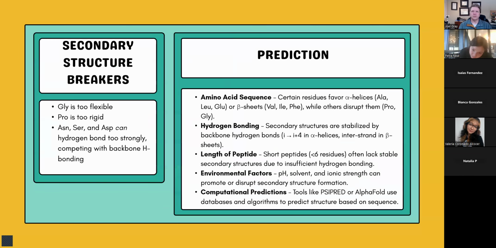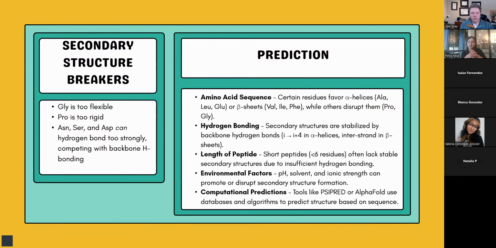Now, when it comes to prediction, this is a huge thing because now you can take a sequence and put it into a simple computer program. If you Google secondary structure prediction, you'll find a tool where you plug in a peptide sequence, and it will give you an idea of, hey, this region is likely to be an alpha helix, and this region is likely to be involved in a beta sheet. So when it comes to predicting secondary structures, glycine is too flexible, proline is too rigid.